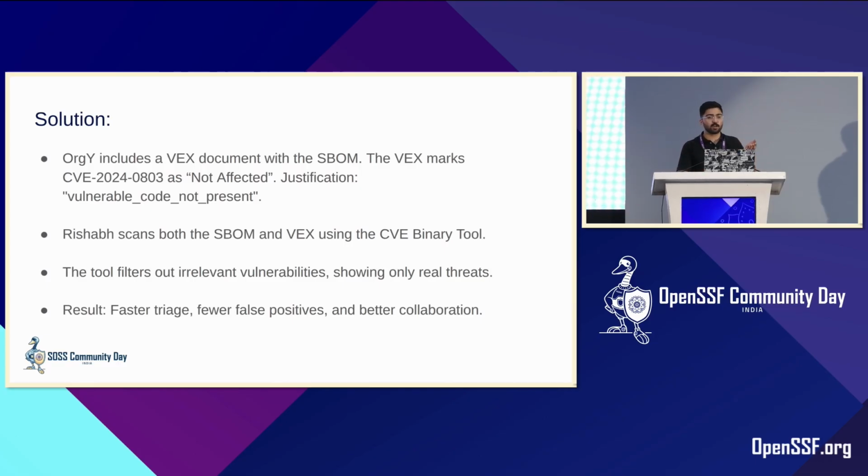Now Rishabh will scan both the SBOM and VEX using CVE Binary Tool, and the tool will filter out that vulnerability that is not affected, and it will only show the vulnerabilities that he should be focusing on. So yeah, faster results, fewer false positives and better collaboration between the teams.